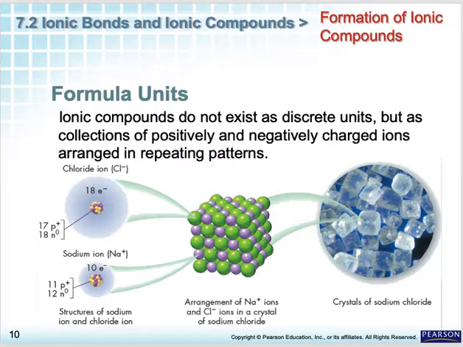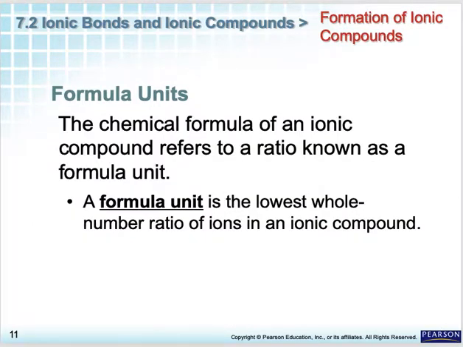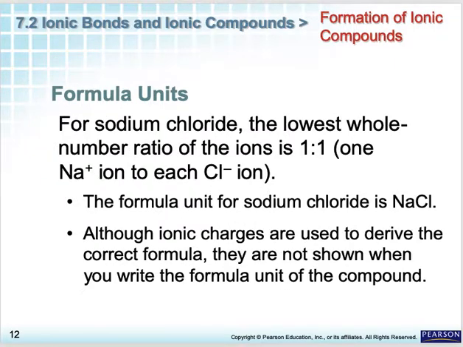No matter how small you grind it, it'll still be the form of a cube because of that regular array of positive and negative ions. So a formula unit is the smallest whole number ratio of ions in an ionic compound. For sodium chloride, it's 1-to-1, but aluminum bromide is 1-to-3. And so that's how we know the ratio is based on those charges.